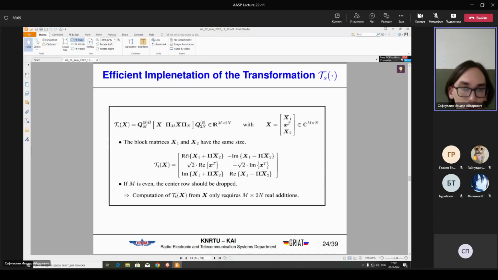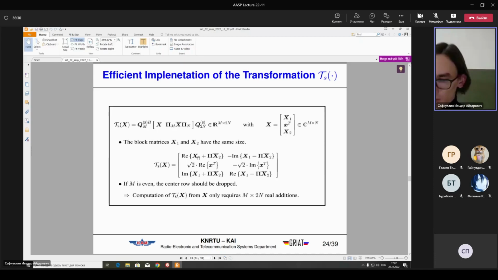And here you can see how we construct the transformed matrix X. If the number of rows is even, we'll have only the real part, minus imaginary part, imaginary part, and real part. So this will be equal to nothing in this case.